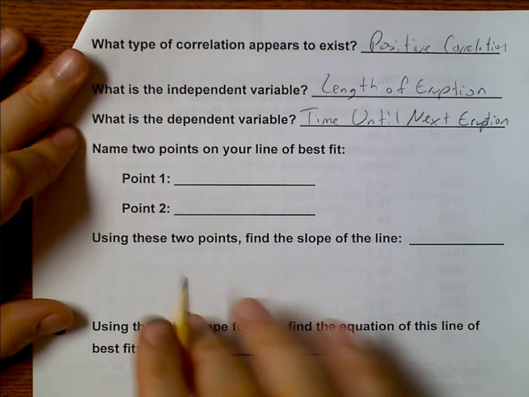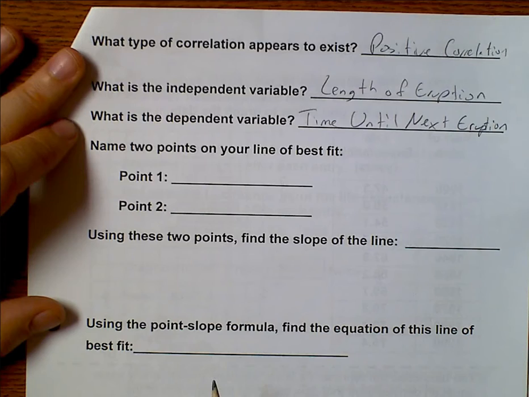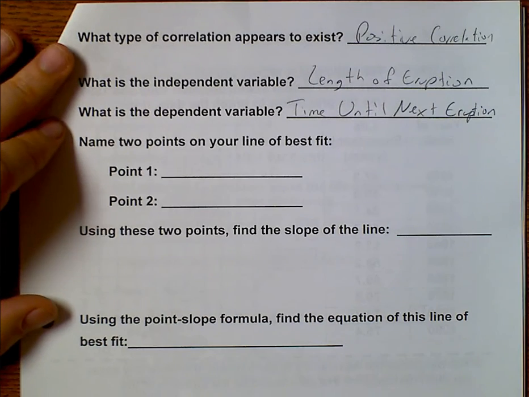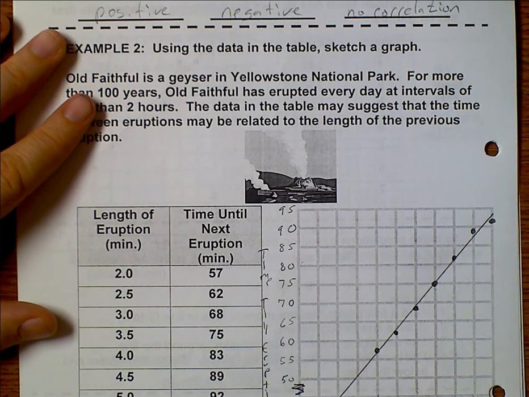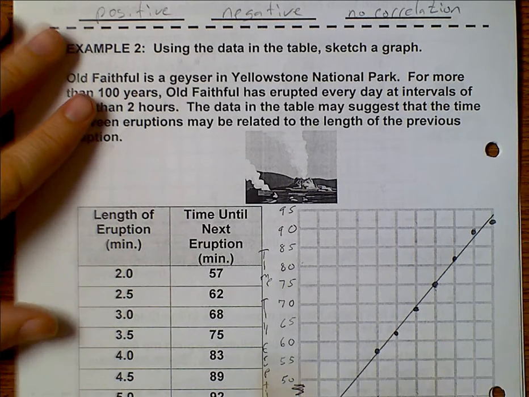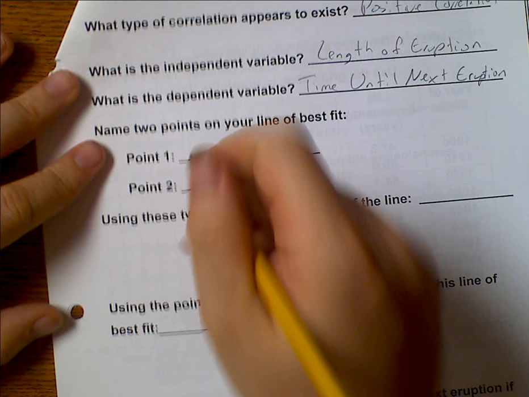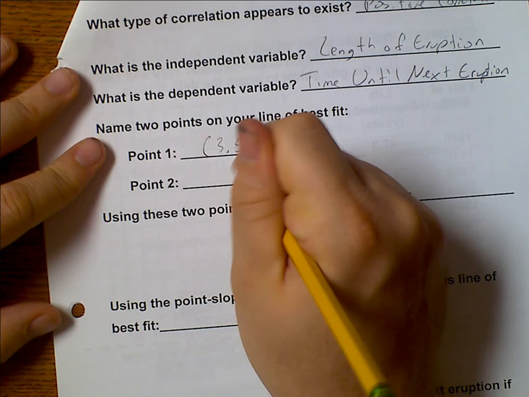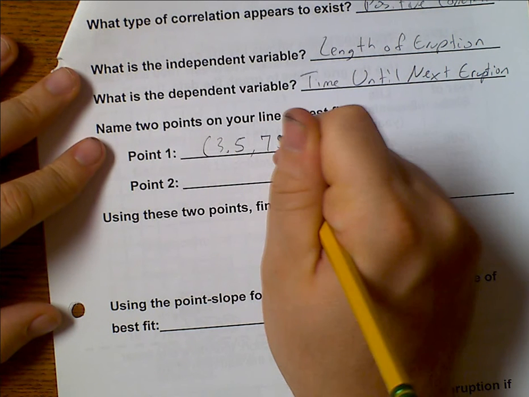And now I need 2 points from my line of best fit. I'm going to go ahead and take this one, the 3.5, 75. And let's go ahead and take this one at the 2.